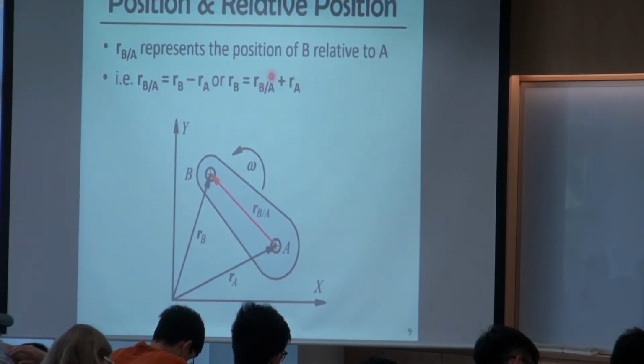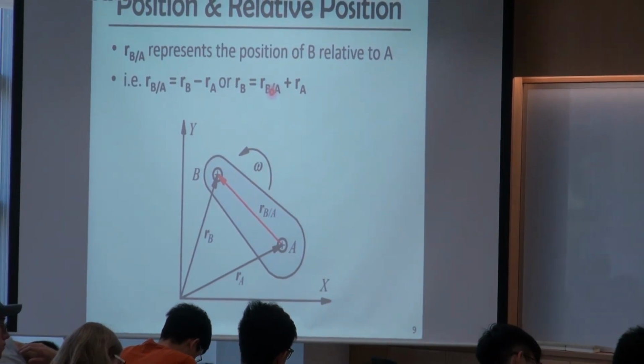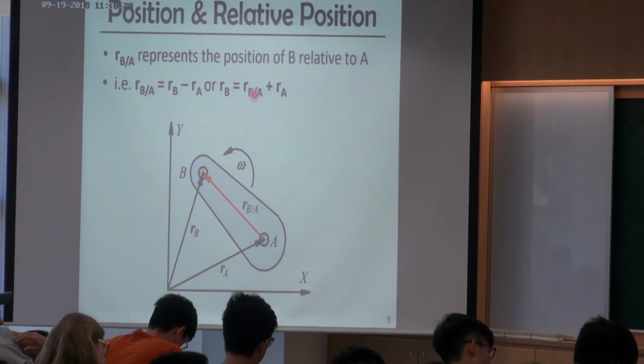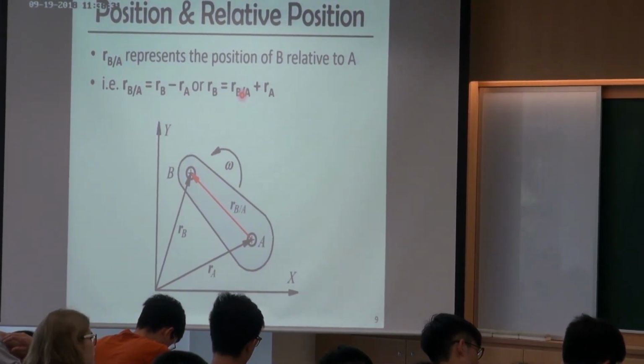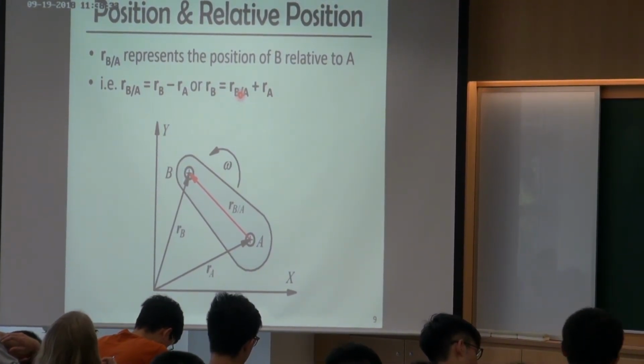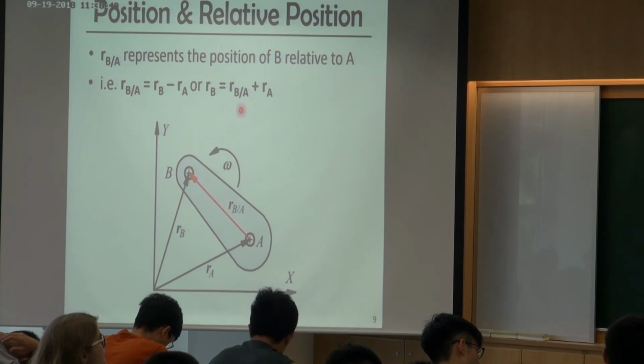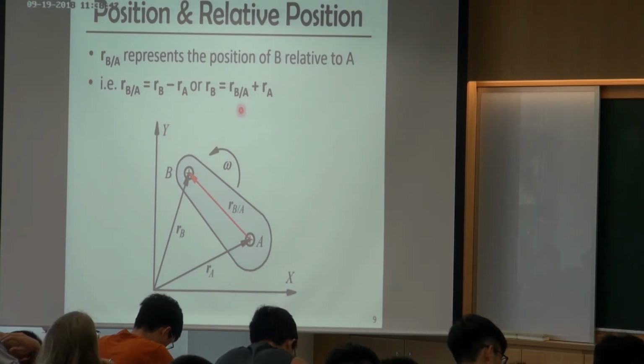When you see this, just remember it means a relative position, velocity or acceleration between two points. Any question about this one? So it's just a review of absolute position and relative position.